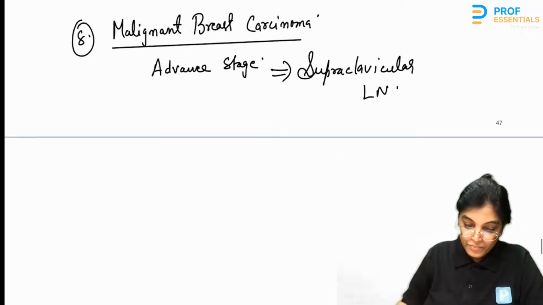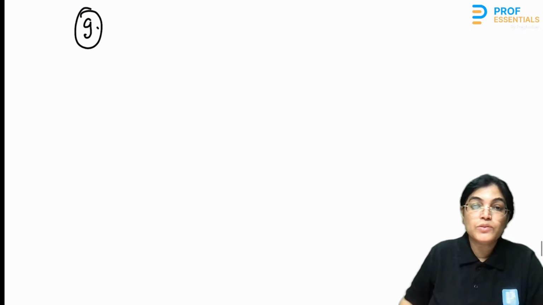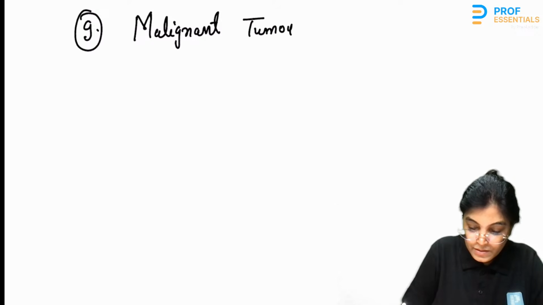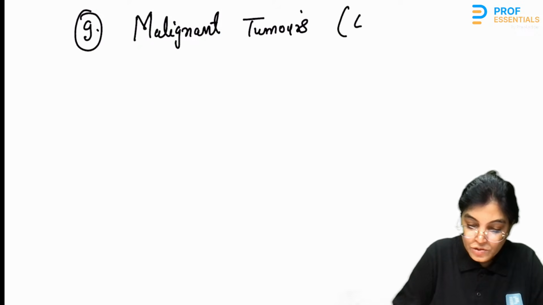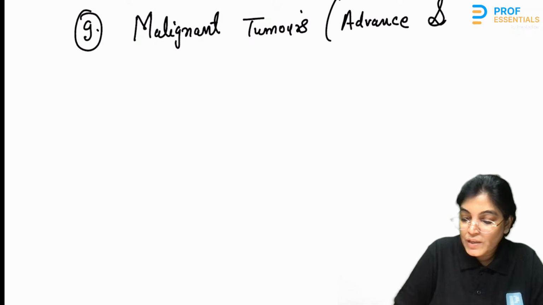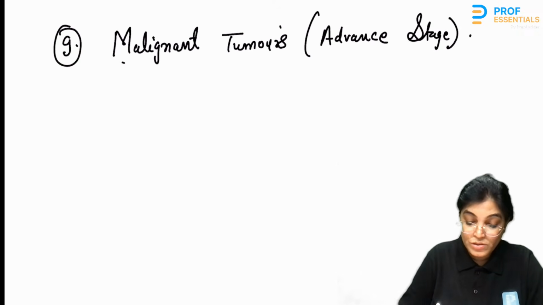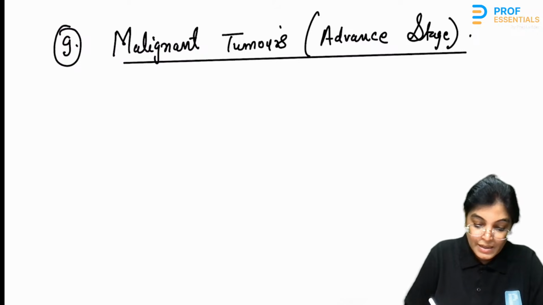Coming to the 9th point, I just want to tell you a few important points. Malignant tumors of advanced stage have some clinical features which will help you understand that it is a malignant tumor and of advanced stage.